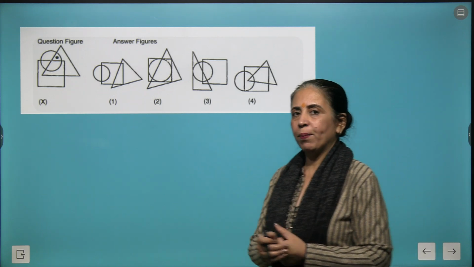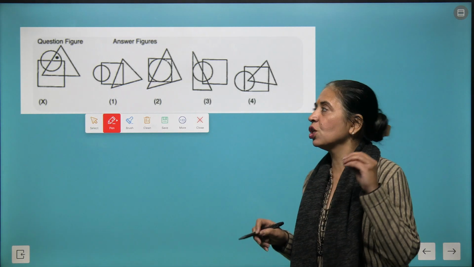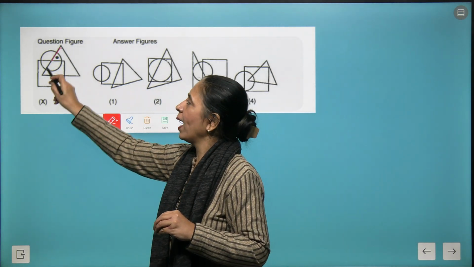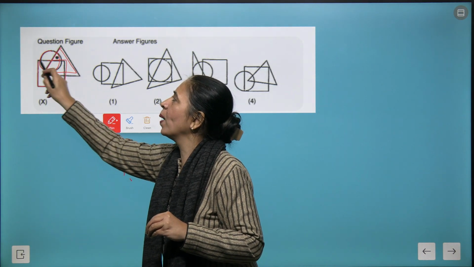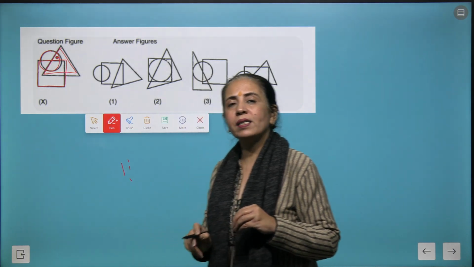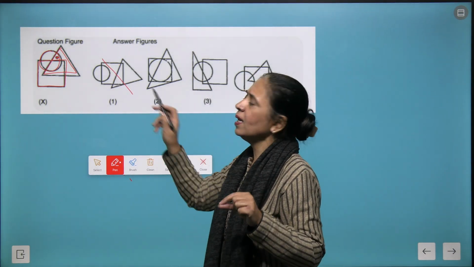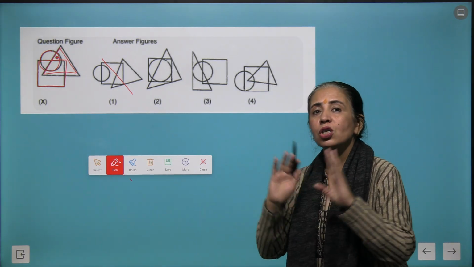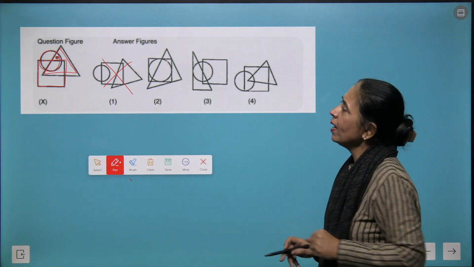Now let's try one more figure. Here we have the intersection of a triangle, circle and a square, and this point is in a triangle and circle. Here we see the triangle and circle are not meeting at all. So we eliminate it. Come to the next one.